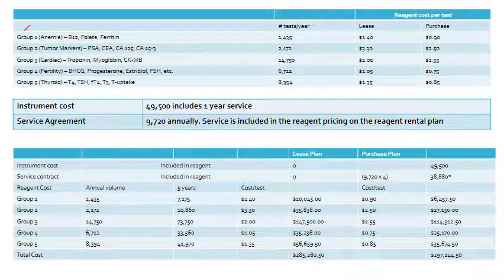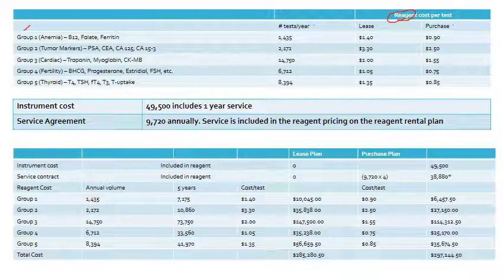And this will be based on reagent costs. They figure out the reagents, how much it will cost them in the lease and how much it will cost them in the purchase. And you can see again, in the lease program where you're including service, you're including the service contract and the cost of the equipment, it's generally higher. The reagent costs are going to be higher.